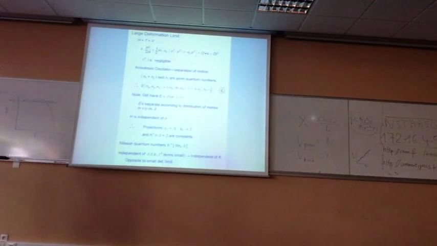Okay. So I want to look at the large deformation limit. In the large deformation limit, this term is huge. These terms are negligible, so we can forget them. And then you just have an oscillator quantum situation, and the energies are simply given by h bar omega x, n times n minus z plus 1, plus h bar omega z, n z plus 1/2.